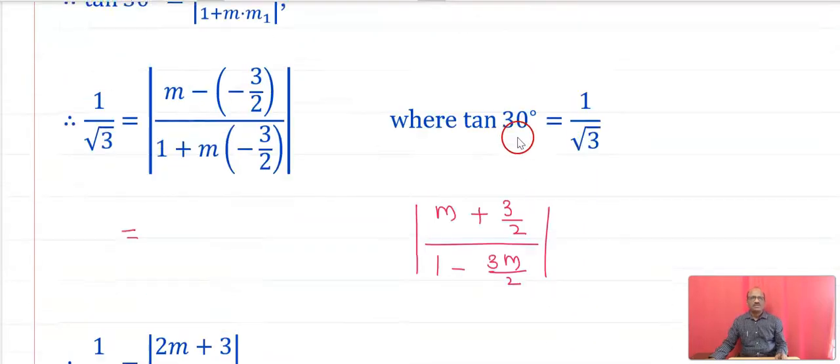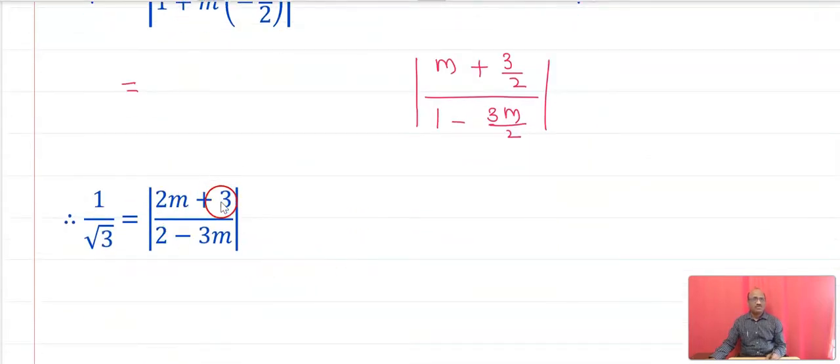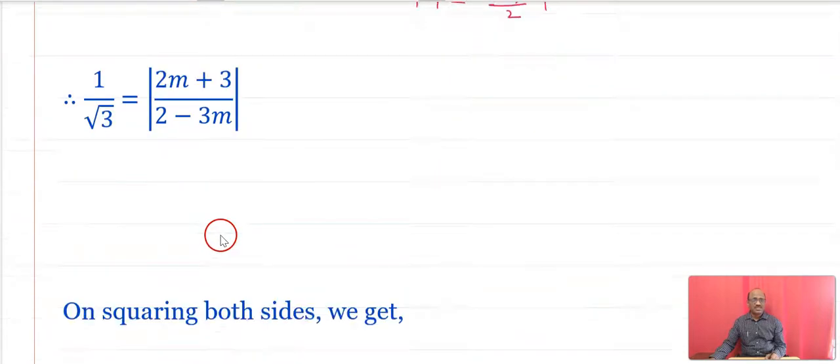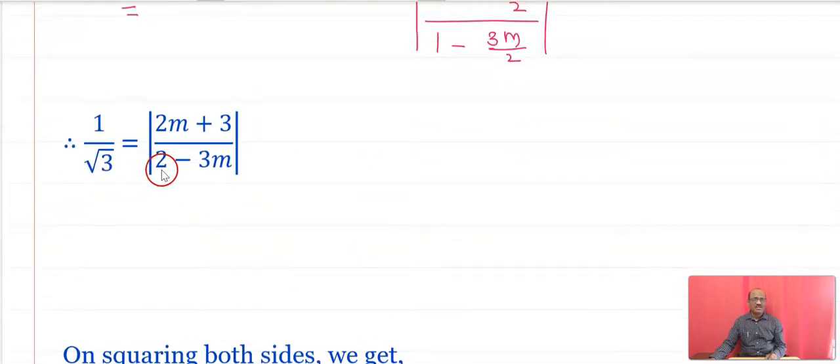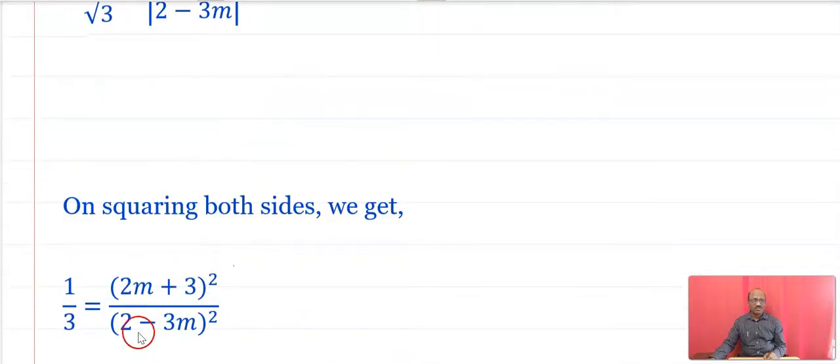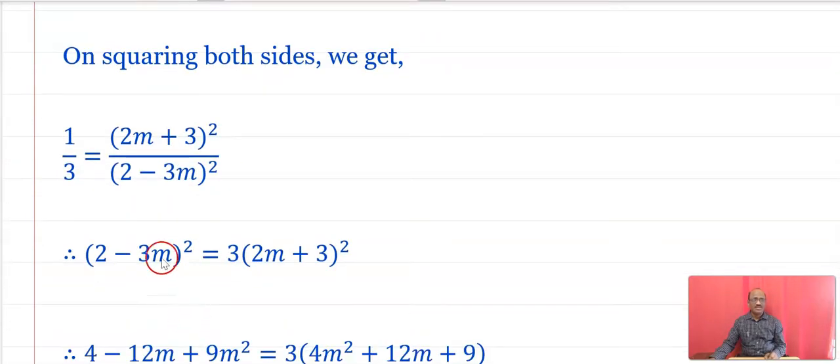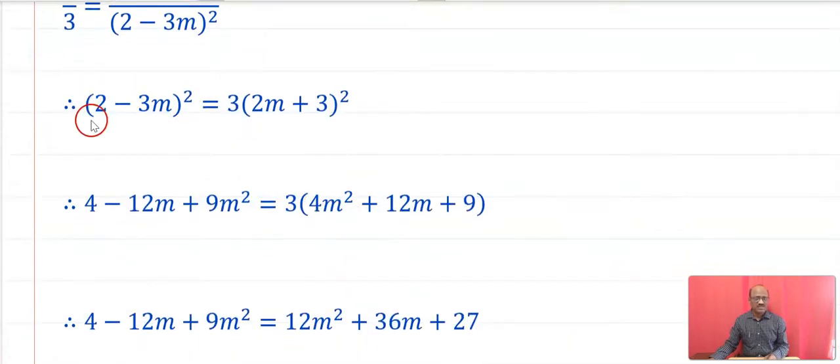Okay, and if you simplify it, then you will get 2m plus 3 upon 2 minus 3m. Now squaring on both sides, 1 by root 3 square is 1 by 3. 2m plus 3 bracket square upon 2 minus 3m bracket square. And after simplification, 2 minus 3m bracket square is equal to 3 into 2m plus 3 bracket square. Now expand this.